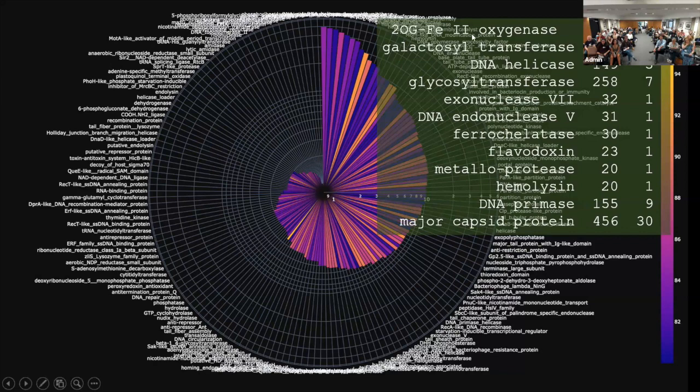The most extreme one is the iron oxygenase. We have 139 different sequence clusters, but in structure space it is only one single fold. Then we have others like helicases, endonucleases, and so on.